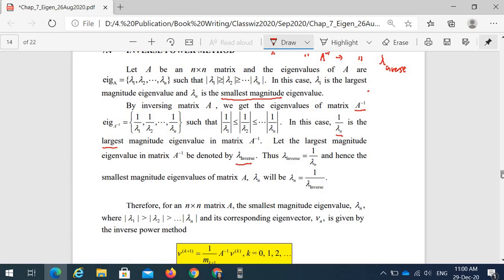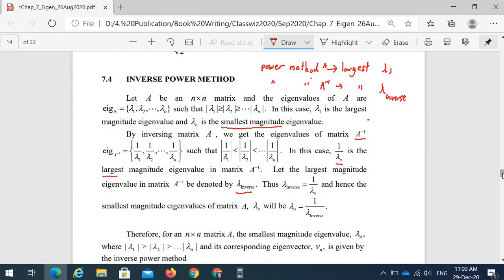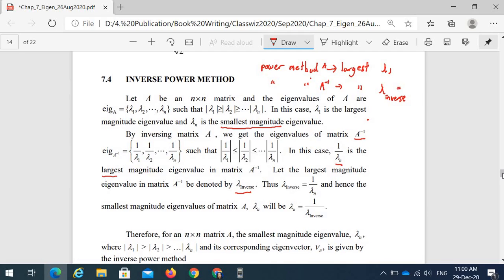And 1 over lambda n is obtained by doing the power method on A inverse. We denote lambda inverse, which is our m(k+1), equal to 1 over lambda n.